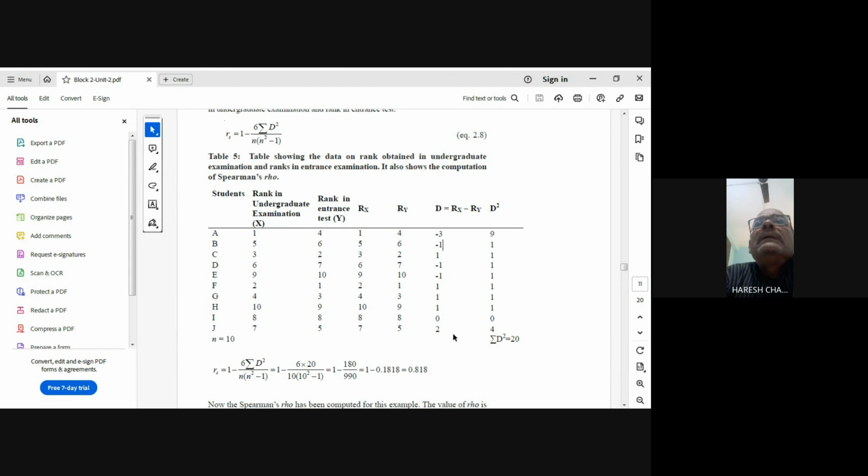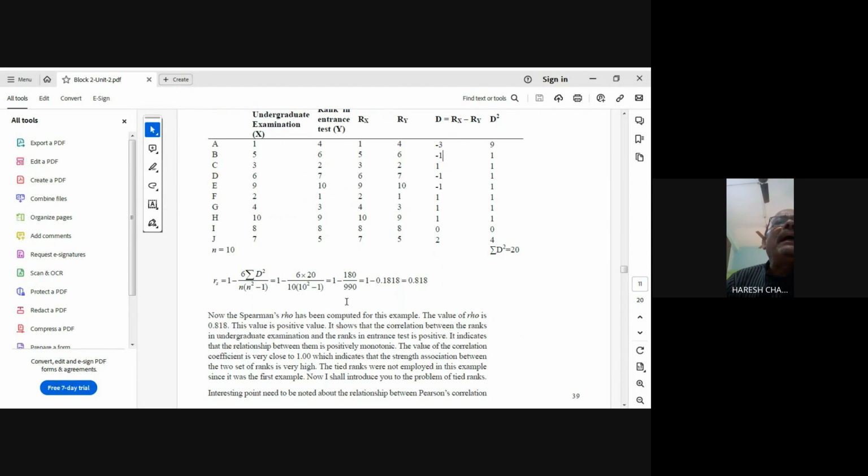Now, how you got d, means rank x minus rank y: 1 minus 4, 5 minus 6, 3 minus 2, 6 minus 7, like that. And then d square: 3 square 9, 1 square 1, 1 square 1, and last 2 square 4, and sigma d square is 20.